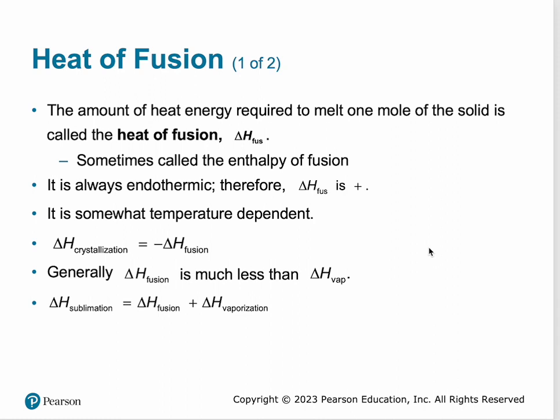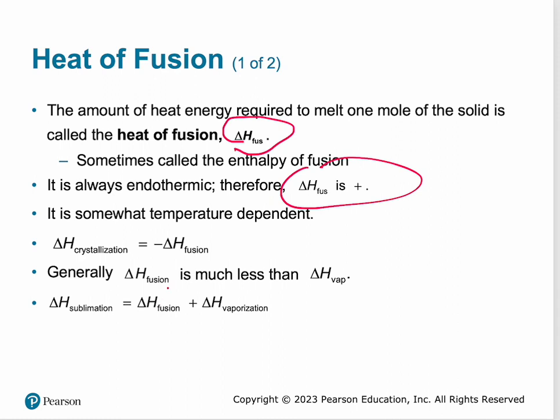So again, what is the heat of fusion or melting? That's what we call the delta H of fusion. The delta H of fusion, or enthalpy of fusion, is a positive number. Why is it positive? Because we have to give energy to it. The opposite is crystallization.